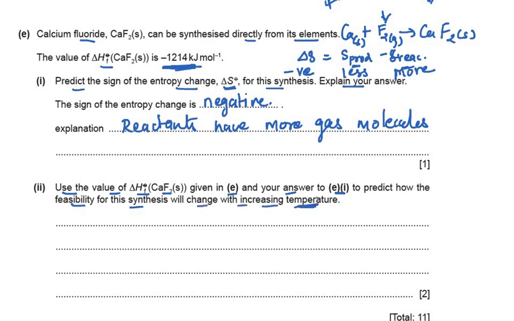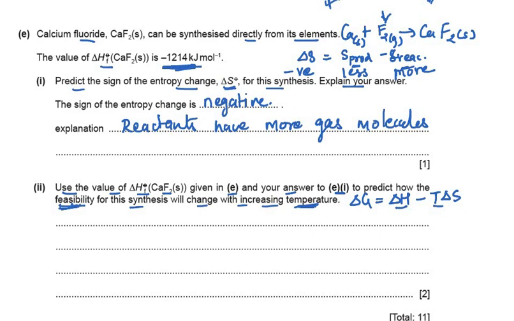We are increasing the temperature. Now let's understand one more part, that when we talk about the feasibility of a reaction, we always think in terms of the Gibbs free energy change of a reaction, which is given by delta H minus T delta S. Now delta S is the entropy change, T is the temperature, and delta H is the enthalpy change.